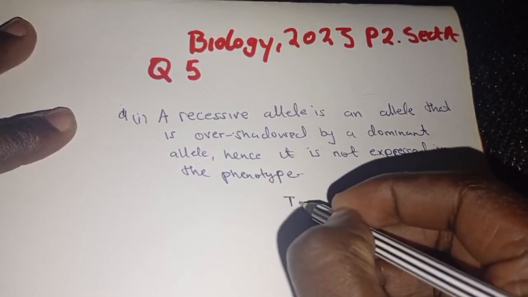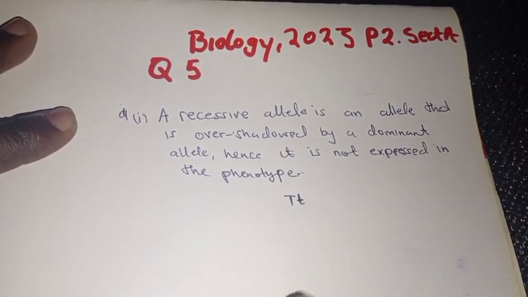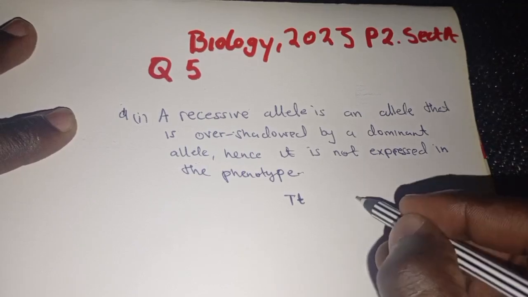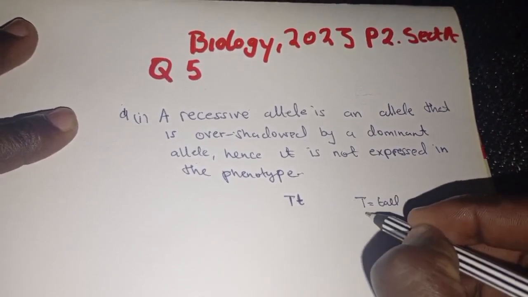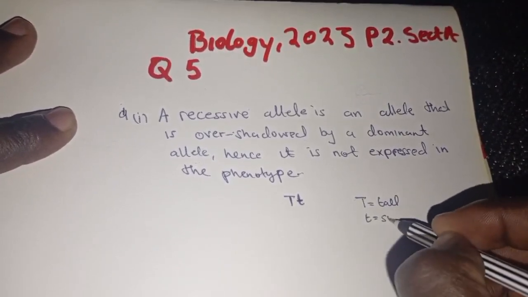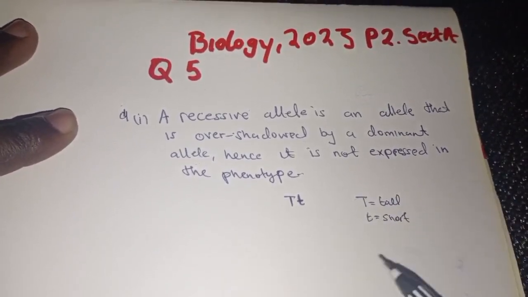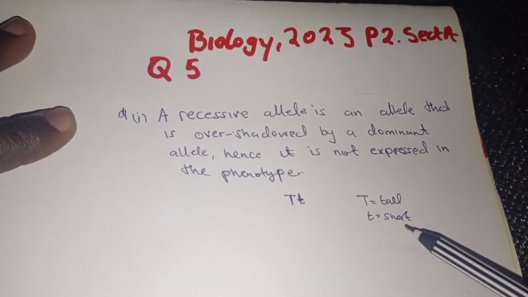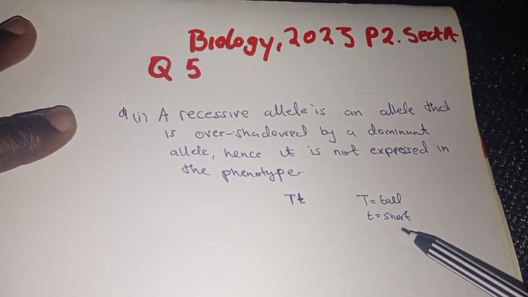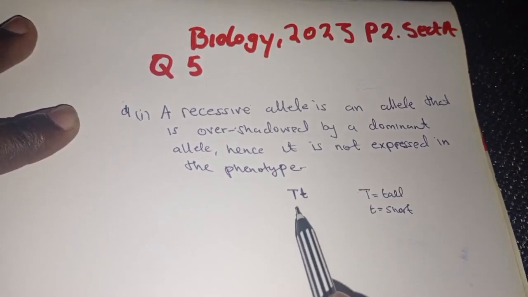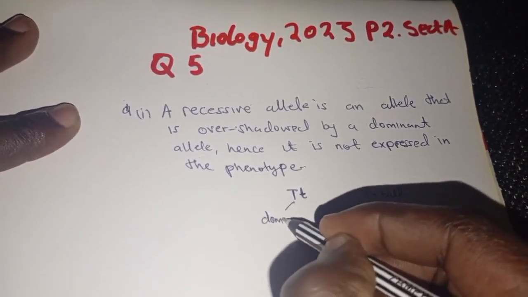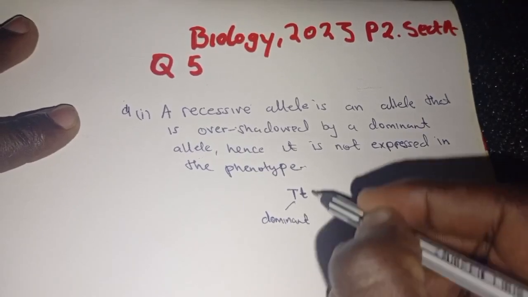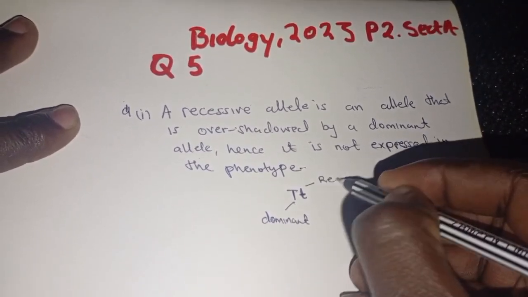Usually the capital T may represent tall and the small letter t may represent short, meaning there is a gene for tallness and a gene for shortness. Between these two, the one that is a capital is called the dominant allele, and this is a recessive allele.